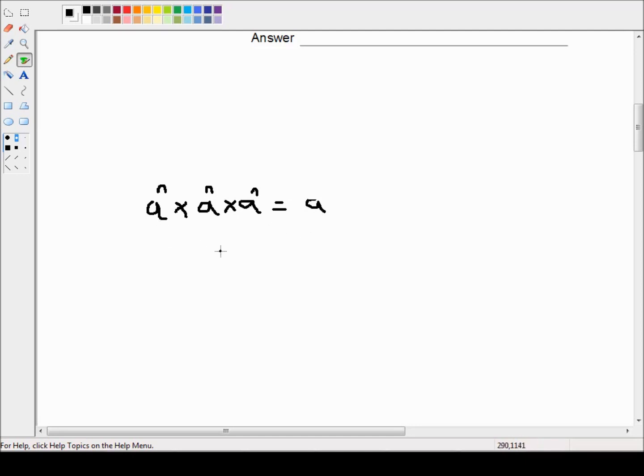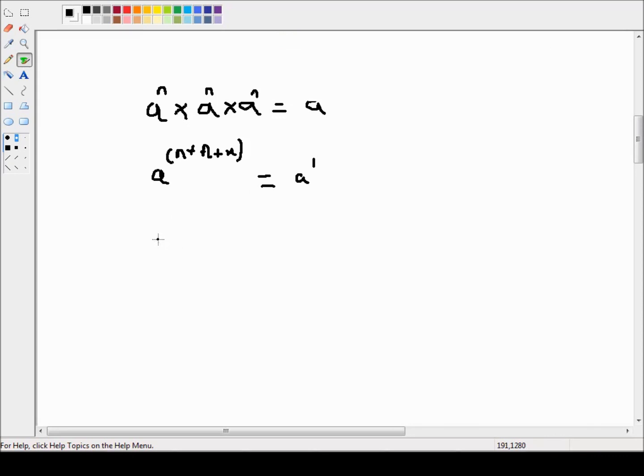So if we use our law of indices, then that's a to the power n plus n plus n, which is equal to a to the power 1. In other words, 3 times n is equal to 1, so n is equal to 1 over 3.